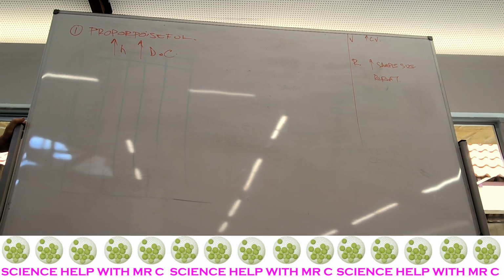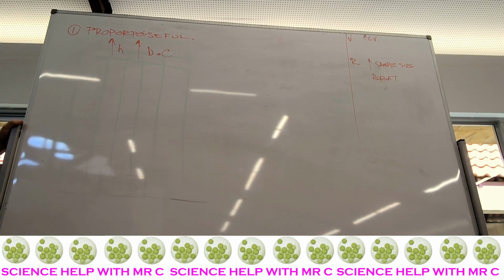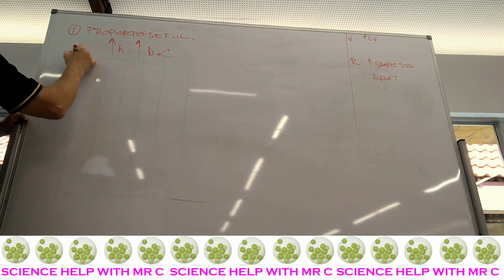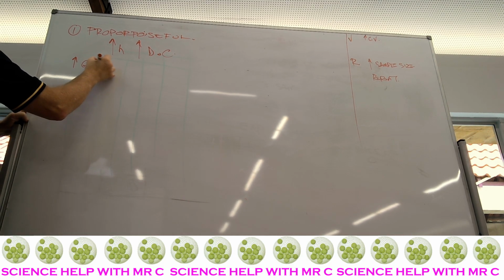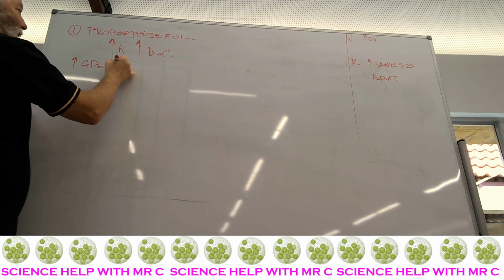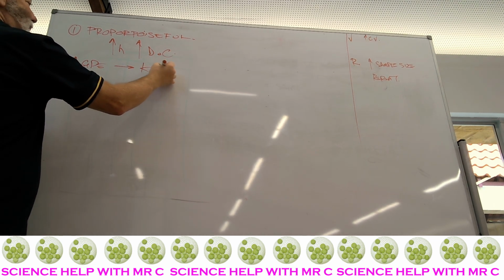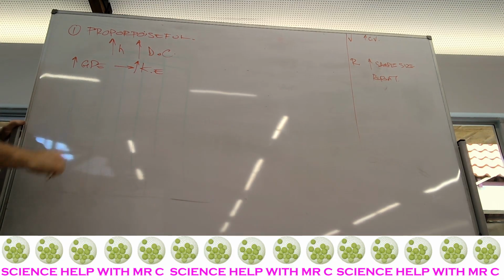Now we get to why. This is the thing you've been hanging out for. We know that if you increase GPE, that's going to get converted into KE, because of LOCO, the Law of Conservation of Energy.